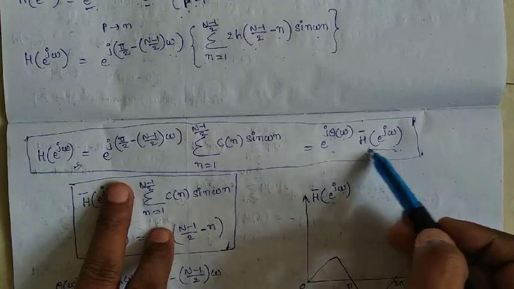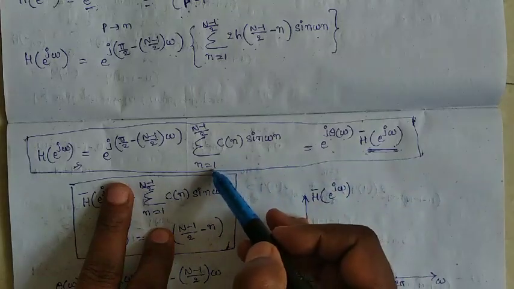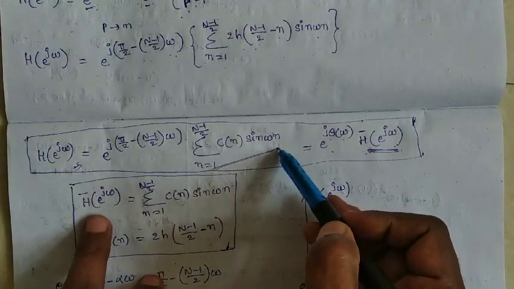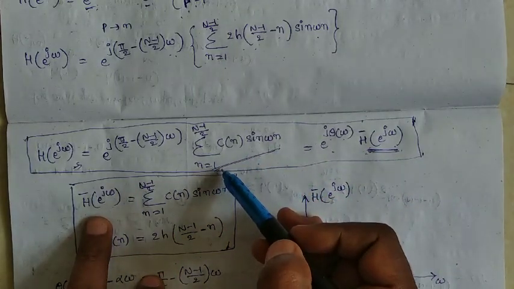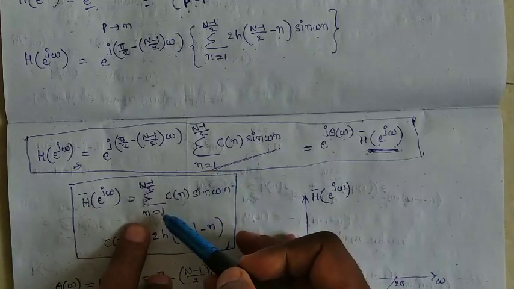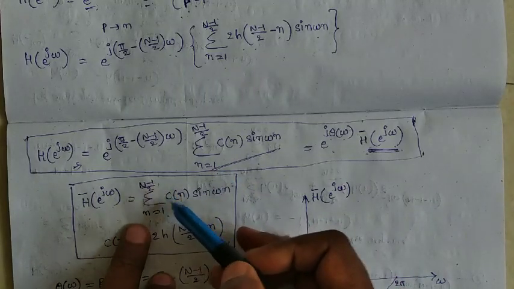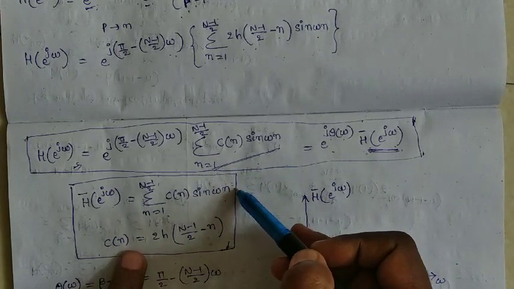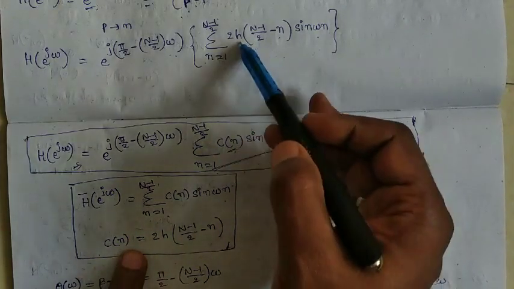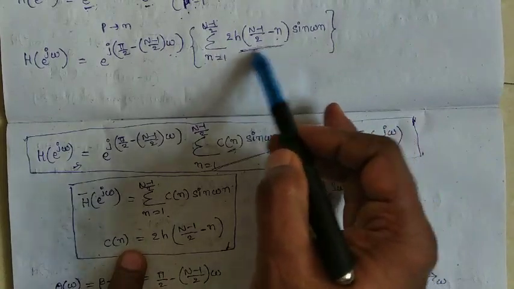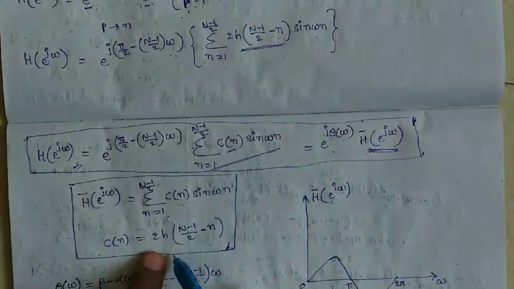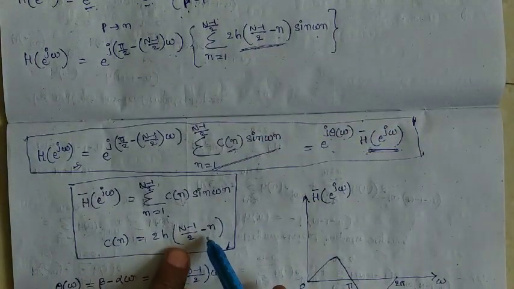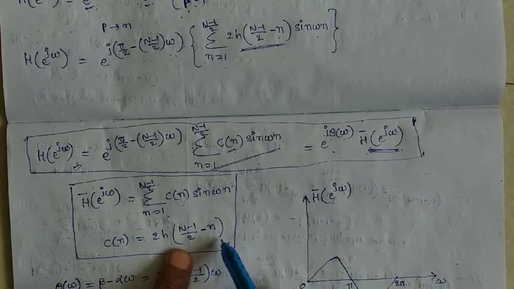How to calculate this H bar of e power j omega? This is the formula. Here H bar of e power j omega is equal to summation n is equal to 1 to capital N minus 1 by 2 of c of n sin omega n. Here how to calculate the cn value? Cn is calculated by using this formula: cn is equal to 2 into h of capital N minus 1 by 2 minus n.